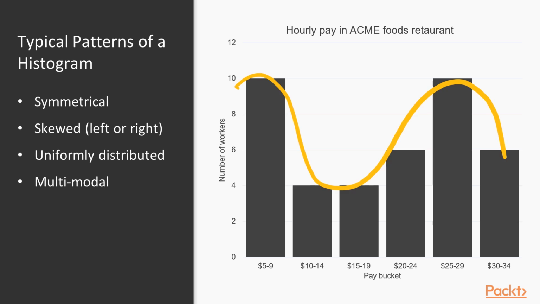So the first maximum is the smallest bucket from $5 to $9 per hour, and the next maximum of 10 workers are getting a salary between $25 and $29 per hour. So in this case, we see not one, but two maximums and two modes in our dataset, which means that there are two bumps in our distribution. And this is it for today.